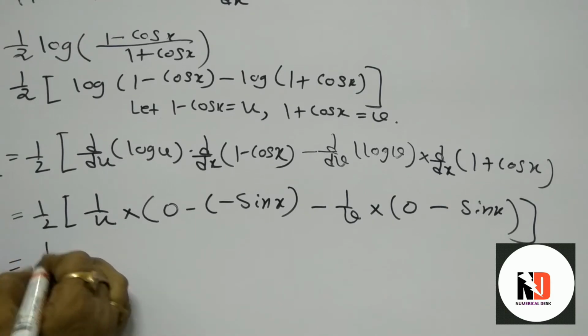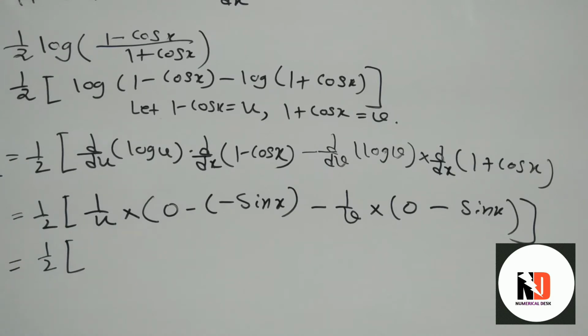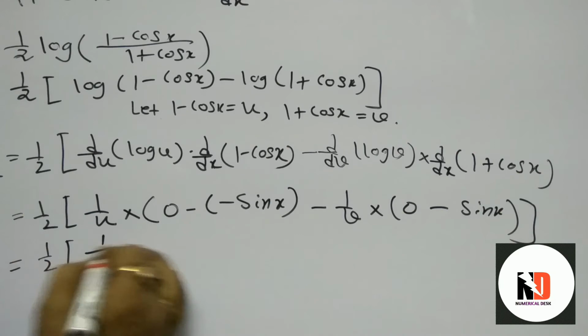So half, putting the value of u and v. First put the value of u, and it will become minus minus plus.